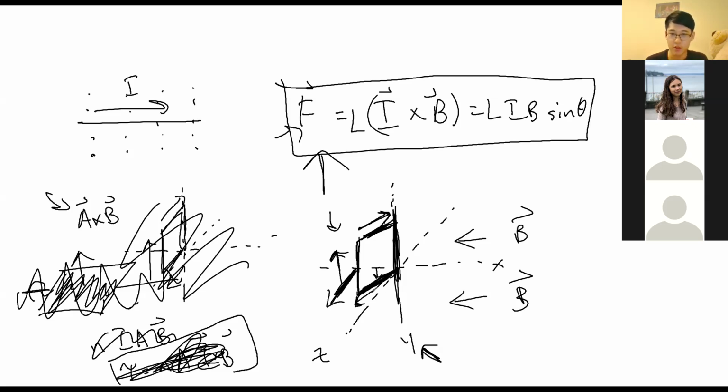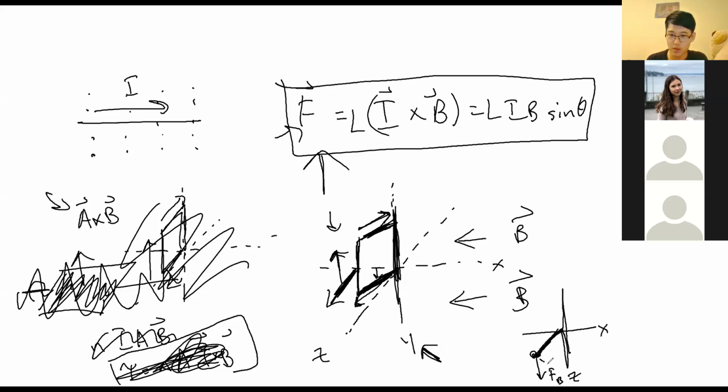And this actually creates a torque because this wire loop is not directly aligned along the z-axis. So if we look at it from above, it looks like this. This is the z-axis, and this is the x-axis, and this is the current loop looked at from above, and this is the magnetic force, right?